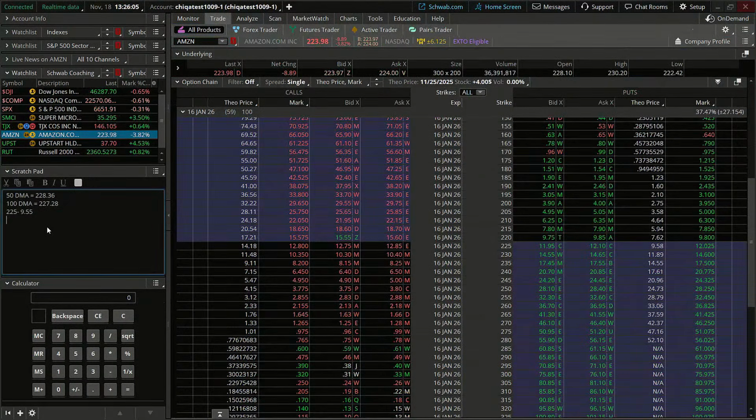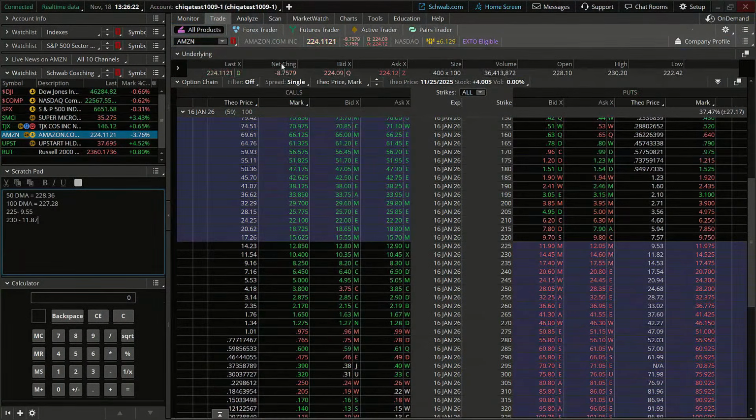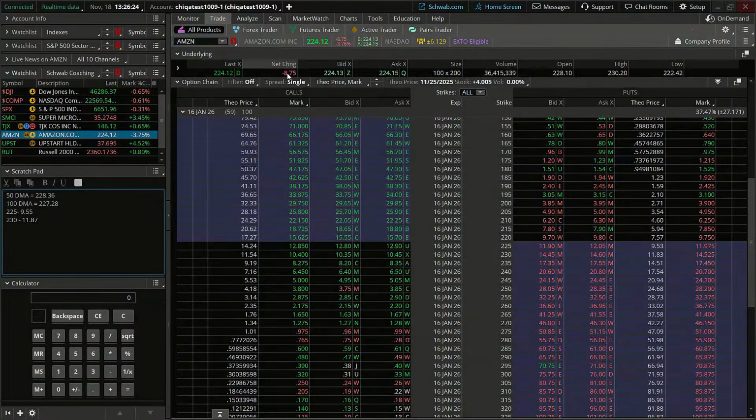And for the 230, we have roughly 14, or wait, that's 1187. Okay, so that's a pretty tight stop there, because obviously Amazon's price can move quite a bit.